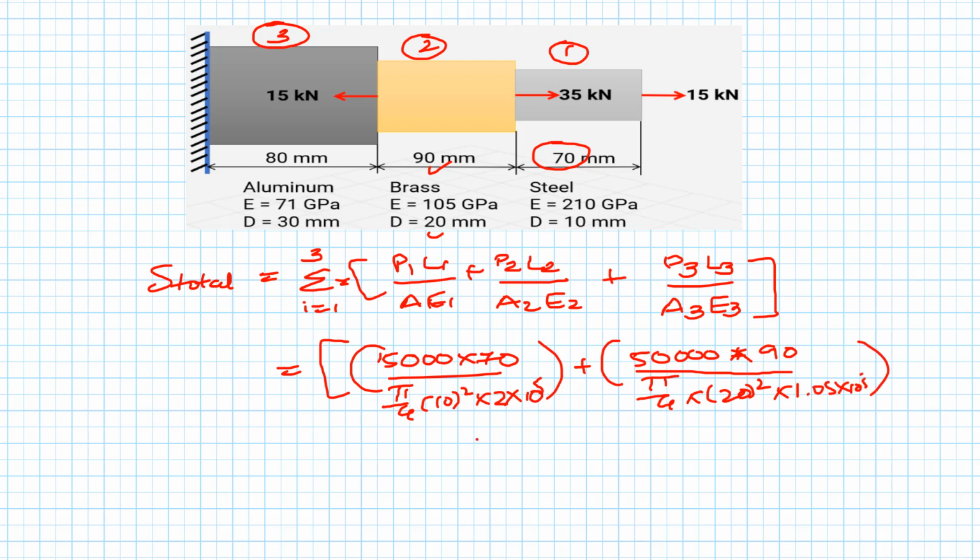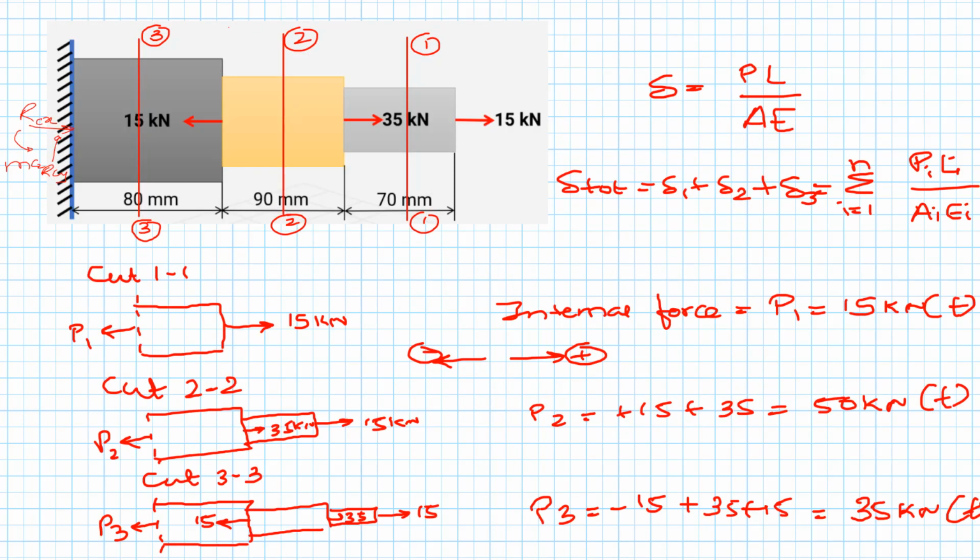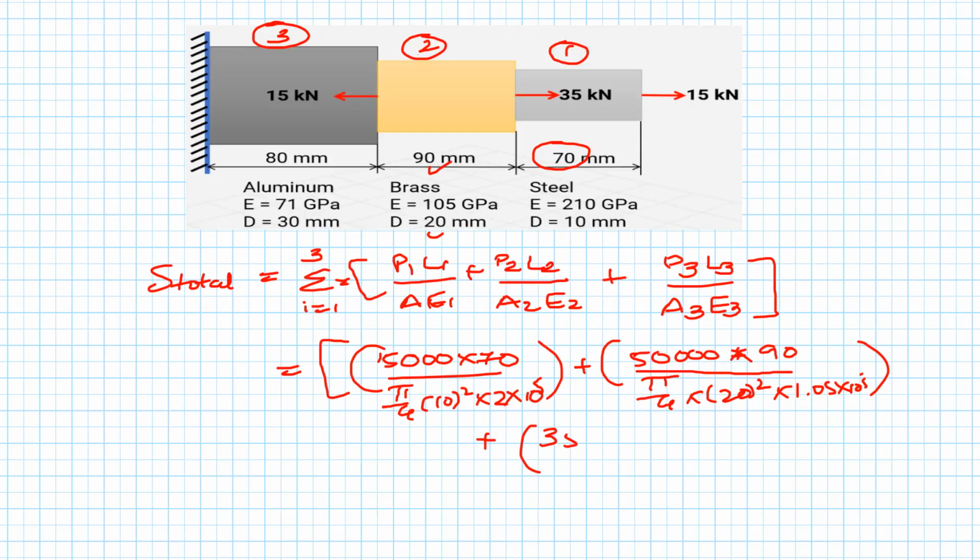And for the third section, the internal force is 35 kilonewton, 35,000 into the length of the aluminum section, which is 80, upon pi by 4 into diameter 30 square into Young's modulus of aluminum, that's 71.